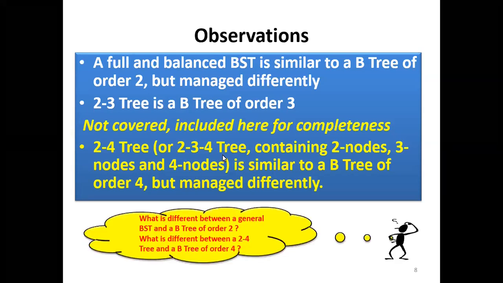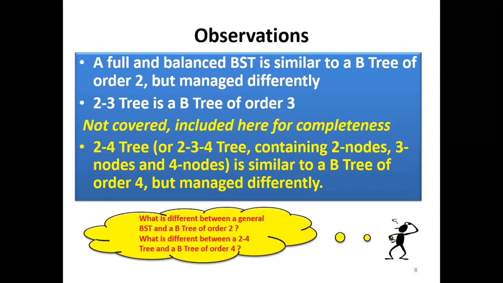So if these are the conditions, what is the difference between a general binary search tree and a B tree of order 2? The one thing is that a general binary search tree does not have all its leaf nodes on the same level.